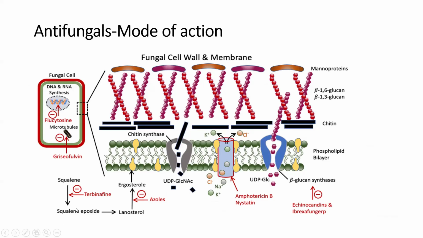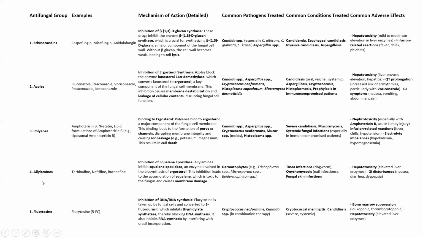You can see, actually it goes squalene to squalene epoxide, then lanosterol and ergosterol. That's how it goes. So allylamines we use as a topical therapy more often; they can cause hepatotoxicity and GI disturbances. Often we use them for tinea infections, onychomycosis, nail infections, and fungal skin infections.